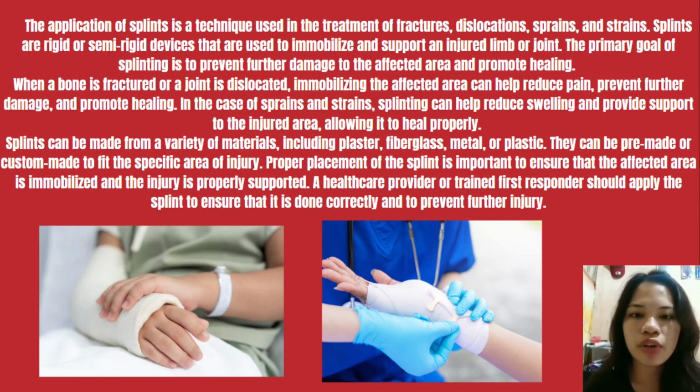When a bone is fractured or a joint is dislocated, immobilizing the affected area can help reduce pain, prevent further damage, and promote healing. In the case of sprains and strains, splinting can help reduce swelling and provide support to the injured area, allowing it to heal properly.